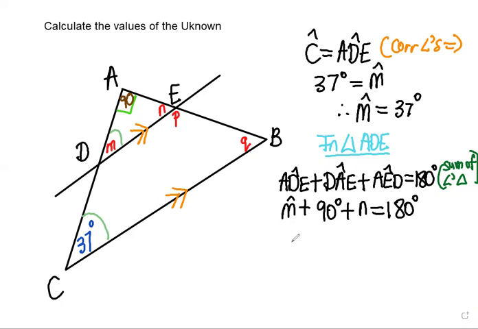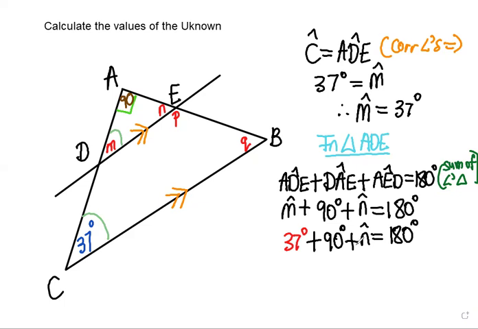We recently got the value of M being 37 degrees. So you say 37 degrees plus 90 degrees plus the value of N, which we want, is equal to 180 degrees.